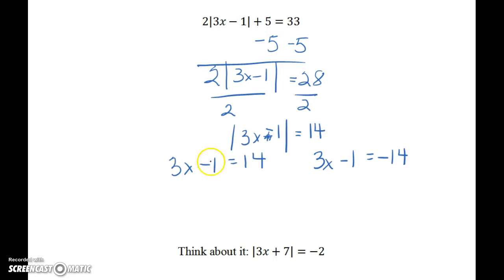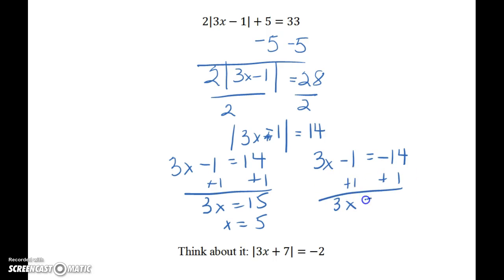Okay? And then to solve this, add 1 to both sides, so 3x equals 15, and we get x equals 5 by dividing by 3. We're going to add 1 to both sides, so we get 3x equals negative 13, and divide by 3, so x equals negative 13/3.